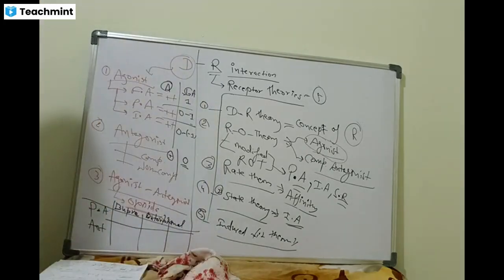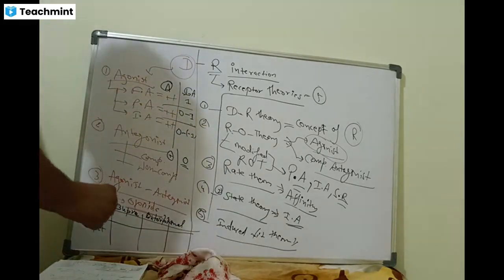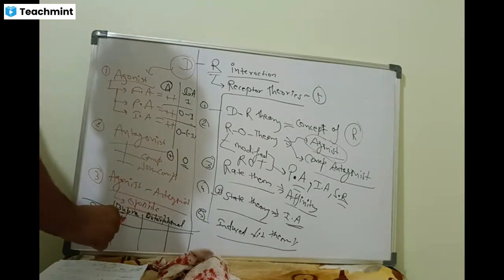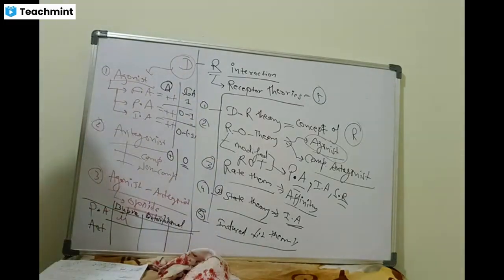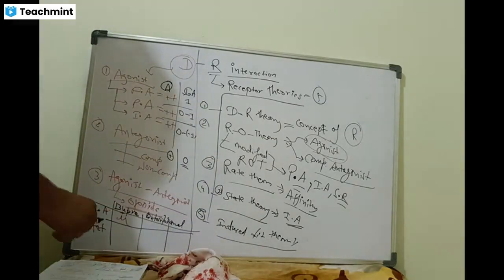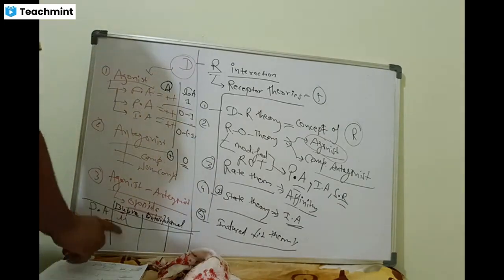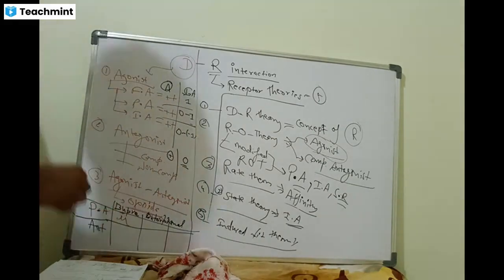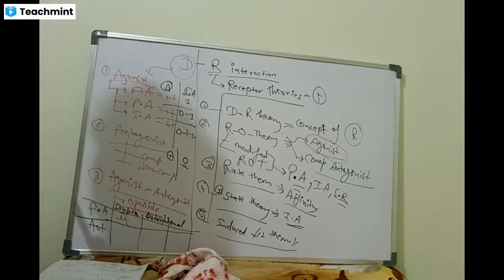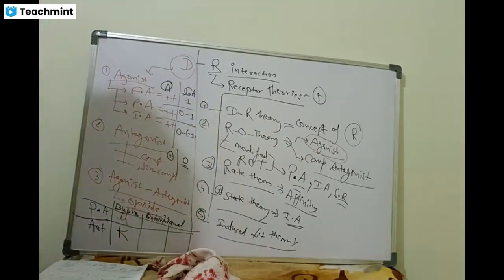This buprenorphine is a mu receptor partial agonist, and it is an antagonist at the kappa receptor.